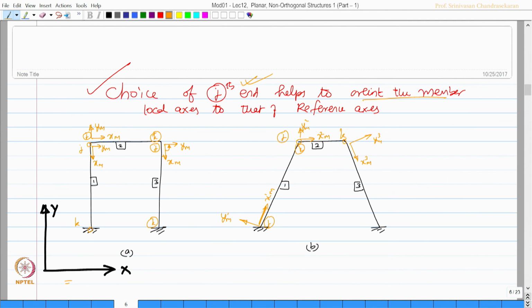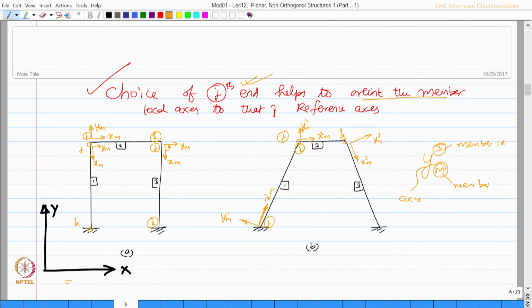Ym3 indicates this is the axis and this is the member ID. Okay. That is how it is done.